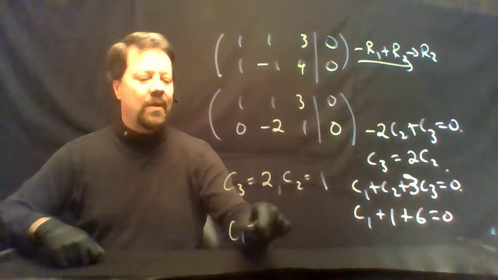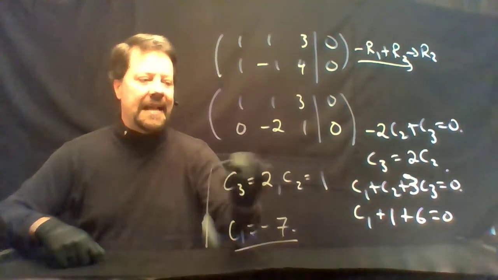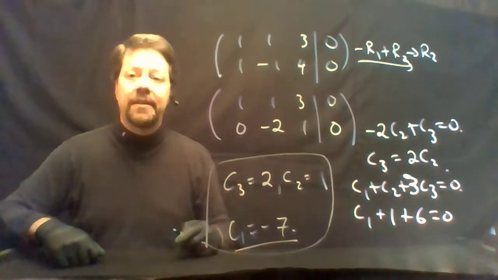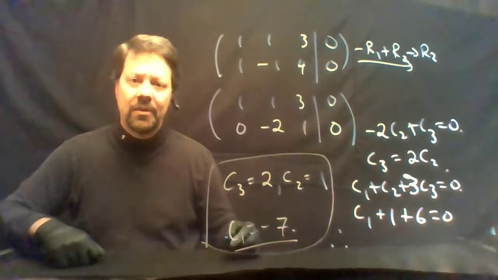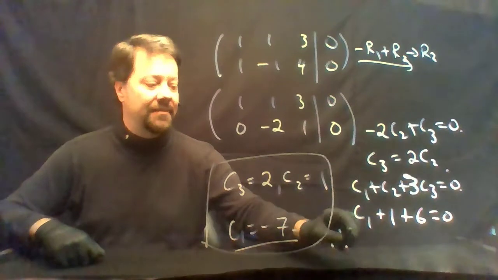That means c1 is minus 7. This gives us a non-trivial linear combination for the vectors to add up to 0. Since a non-trivial solution exists, we deduce that these vectors are linearly dependent.